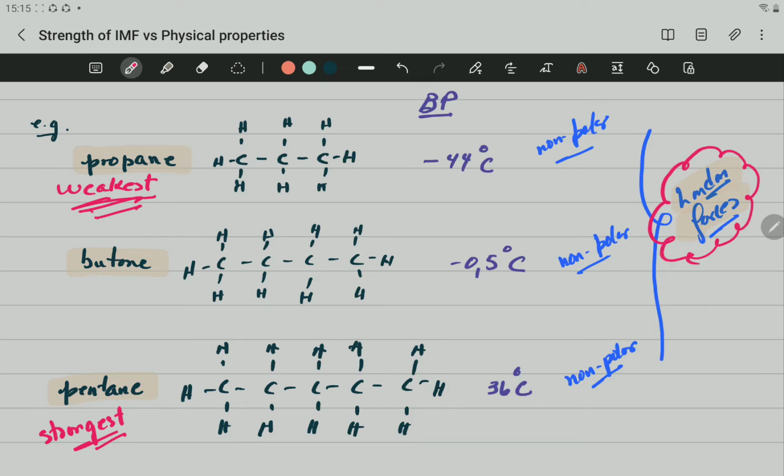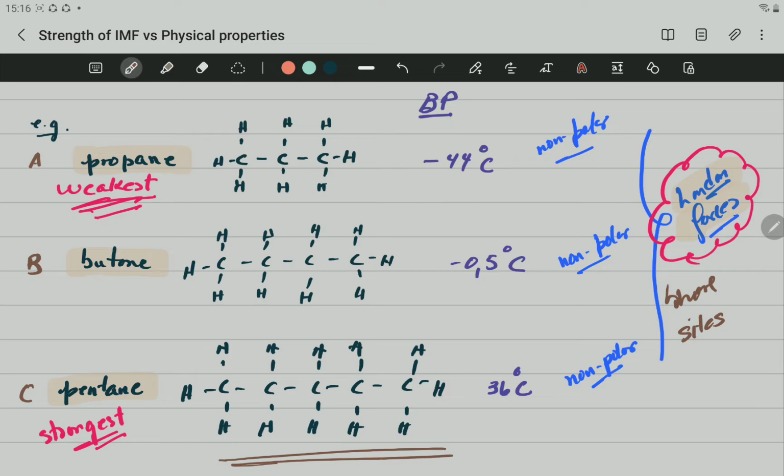So in this question, if they said that this is compound A, compound B, and compound C, what trend do you see here? The molecules from A to B to C are becoming larger. You can see this molecule is bigger than the other one. Therefore, there is more site for London forces.